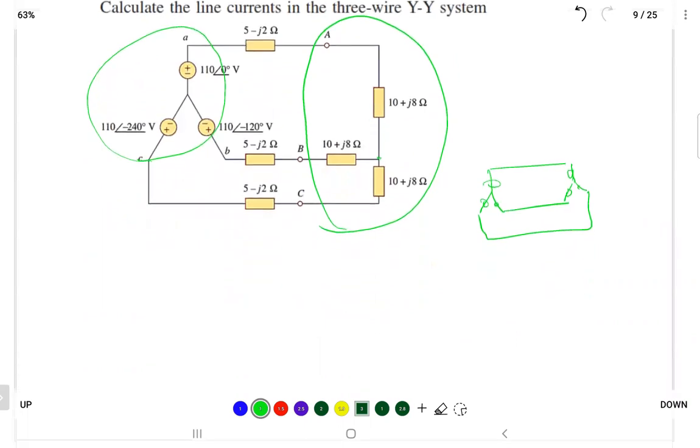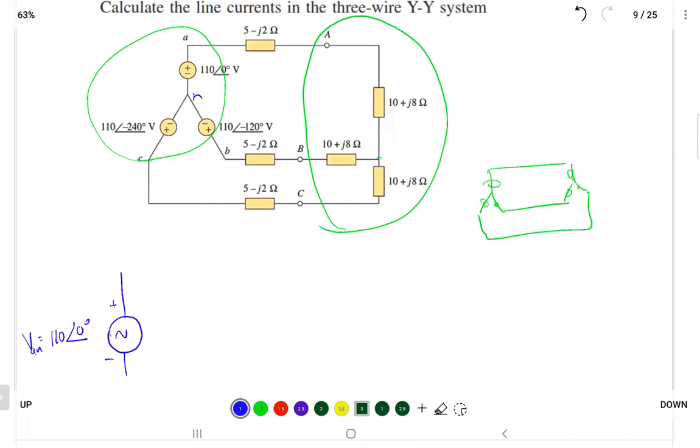So I will just say I have 110. That's the source, and the angle is 0. We have to be careful about the angle too. So 110 and angle 0. That's the voltage from A to N.